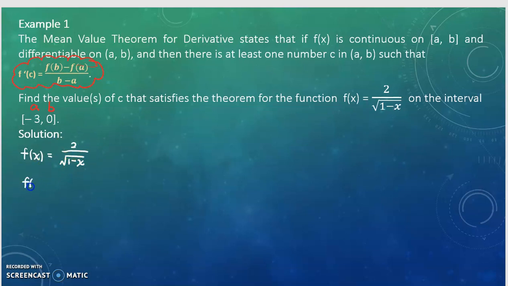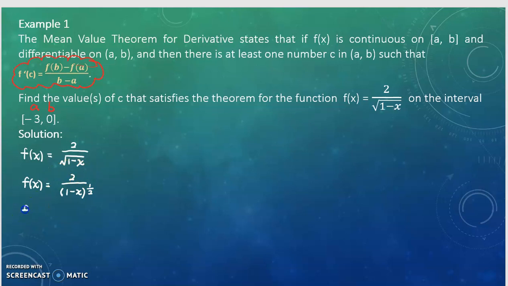next step, I can change the square root to the power of 1 over 2. Next, I will bring it up to the numerator.